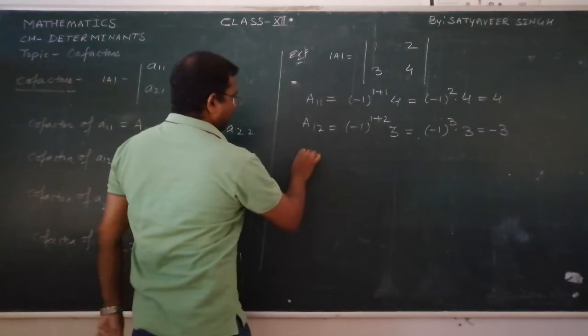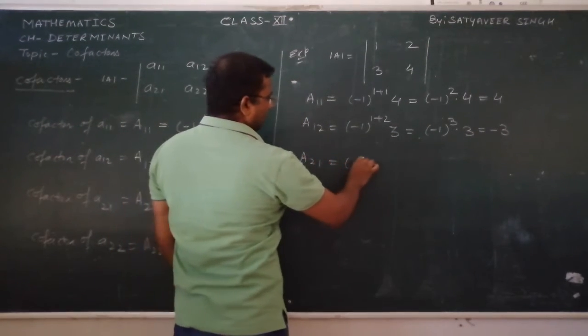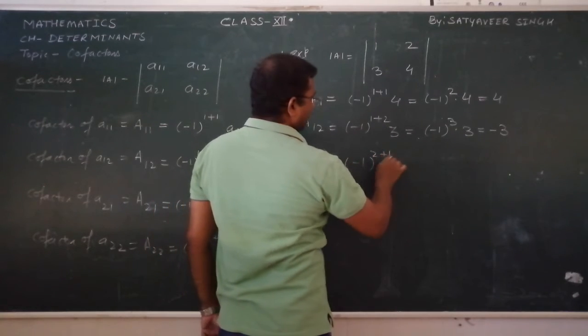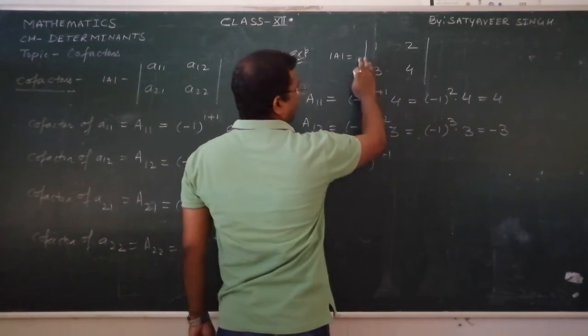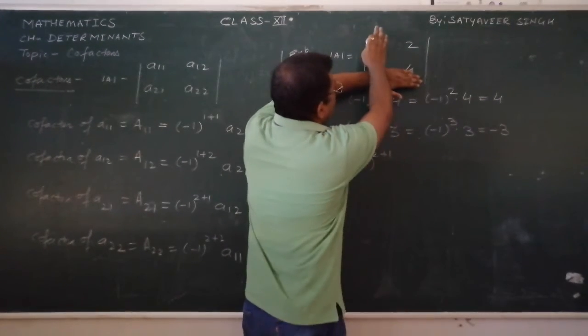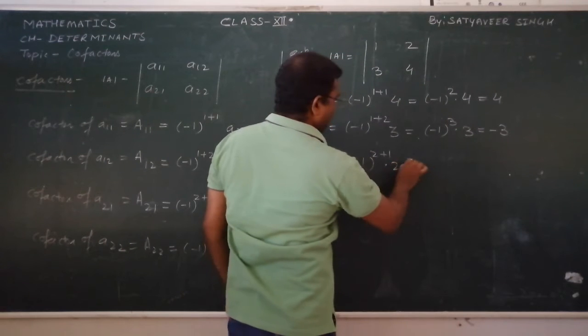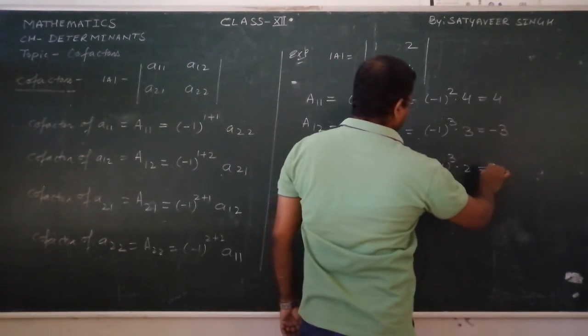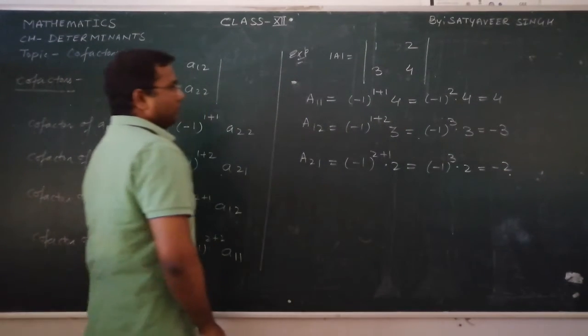Now it is A21. So minus 1 raised to, here it is 2 plus 1. The second row you will hide, and the first column, so it is 2 only. So minus 1 raised to 3 into 2, this is minus 2.